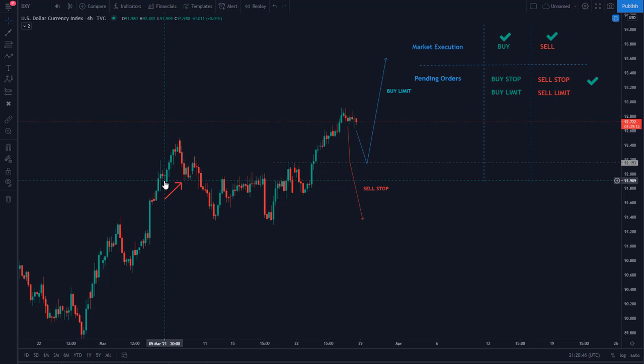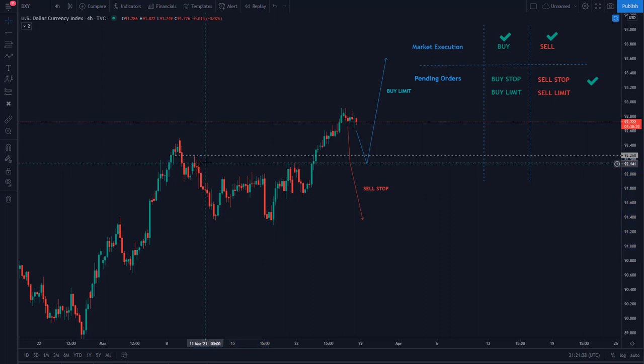However, we don't want to sell the dollar index at 91.909. Rather, we want to wait for the price to come a bit higher and then sell off the dollar index. This would be a sell limit. So we're expecting price to move from here to the upside, activate our sell, and then move downwards to this place.